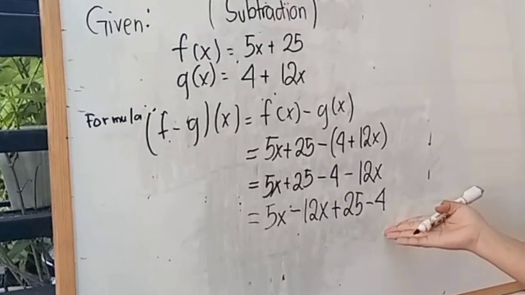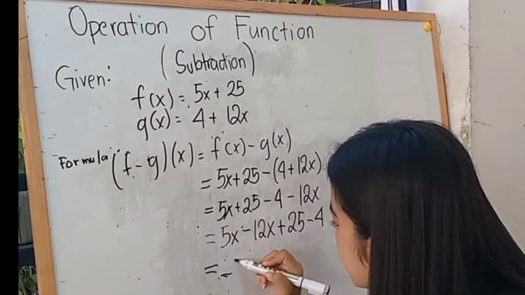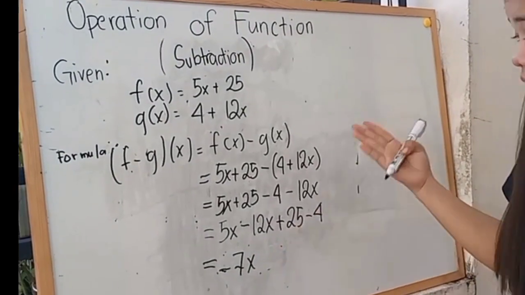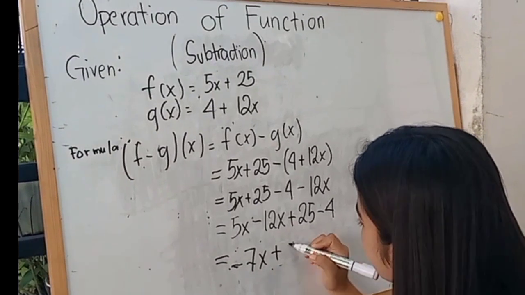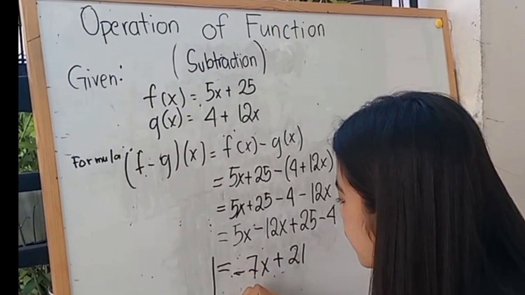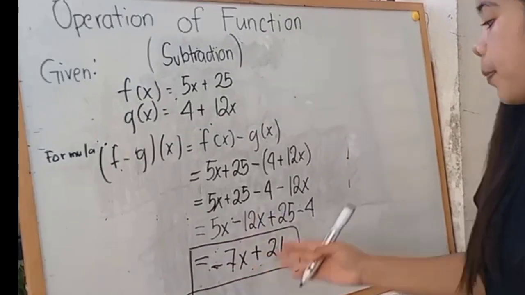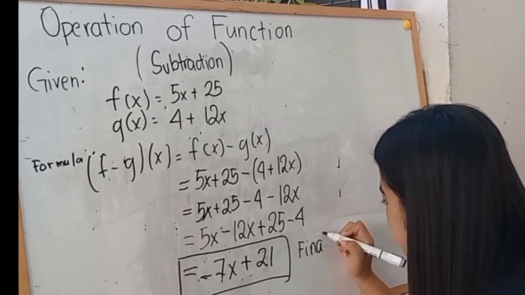Next we need to simplify this. 5x minus 12x is equal to negative 7x. Then 25 minus 4 is equal to positive 21. Therefore, negative 7x plus 21 is our final answer.